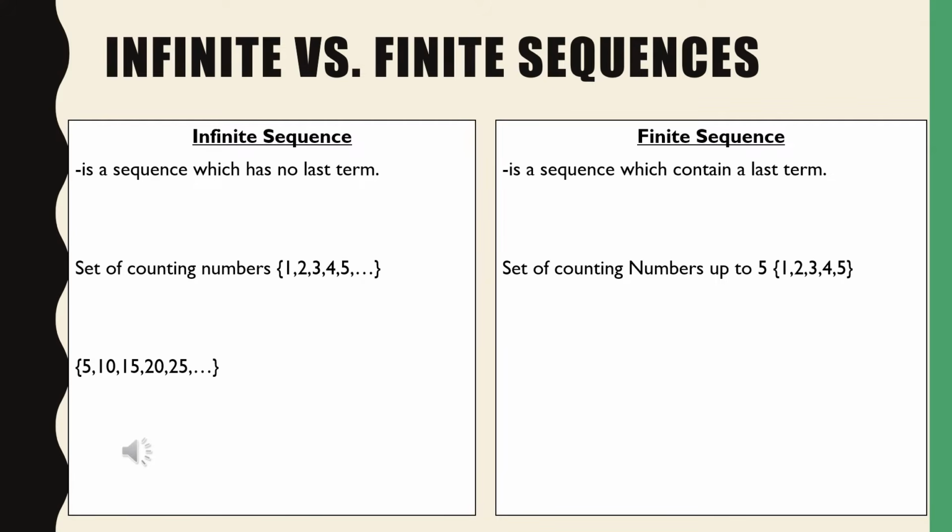You can even have 1,000,005, and that number is not yet the last term. Again, sequences that have no last term, or that go on forever, are infinite sequences. Another example, for finite, we have 5, 10, 15, 20, and up to 25 only.